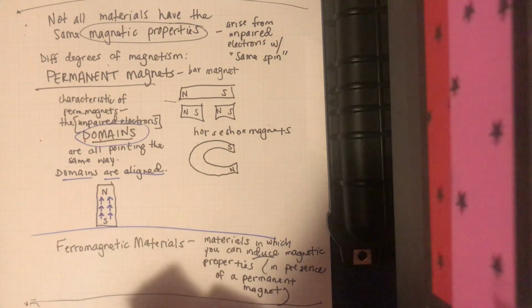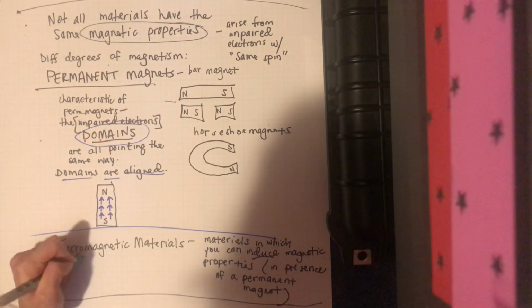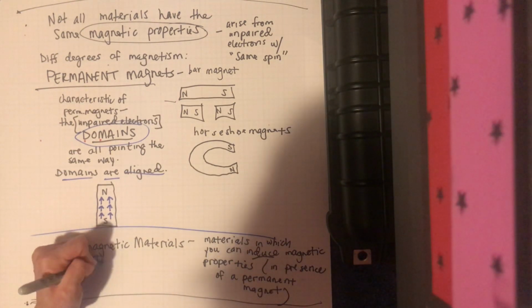Some examples of ferromagnetic materials are iron, nickel, and cobalt.